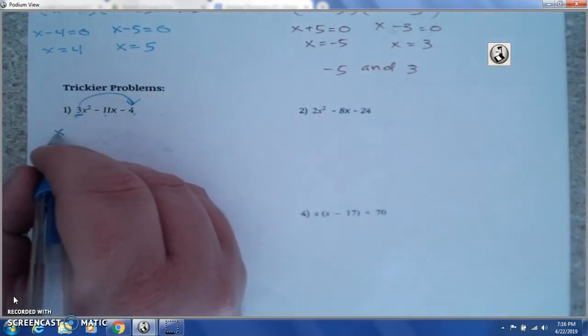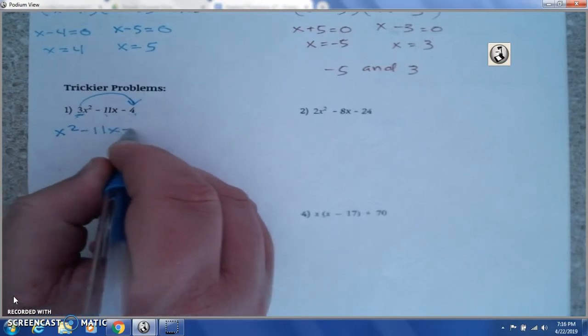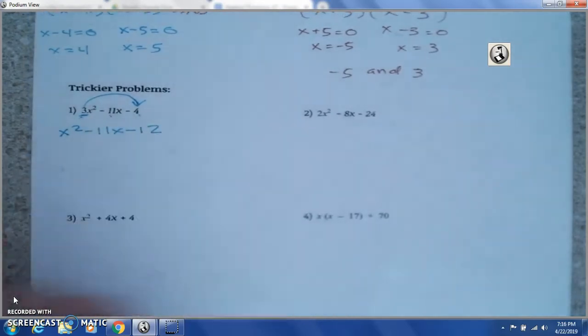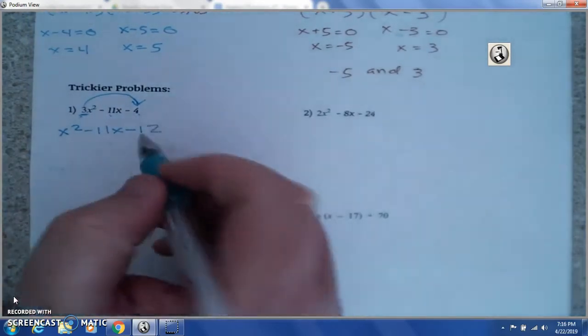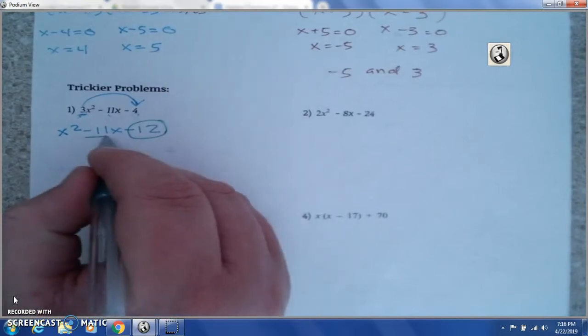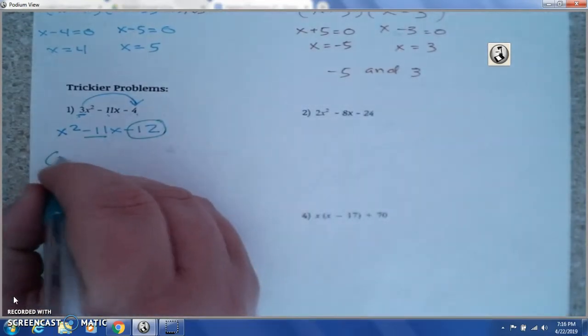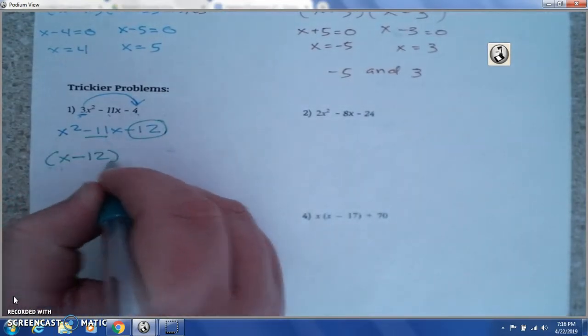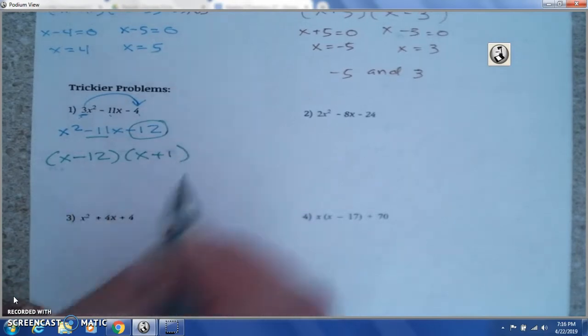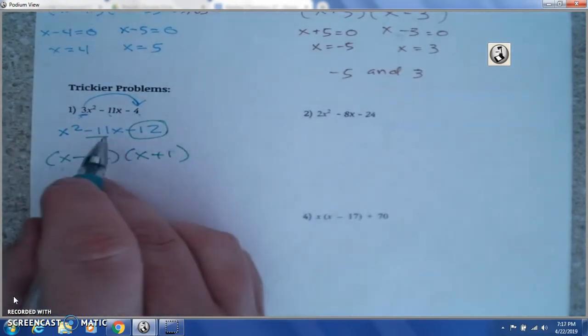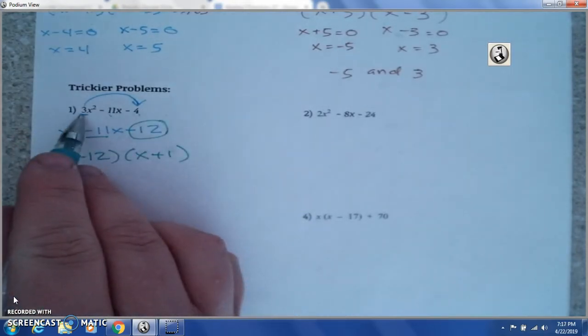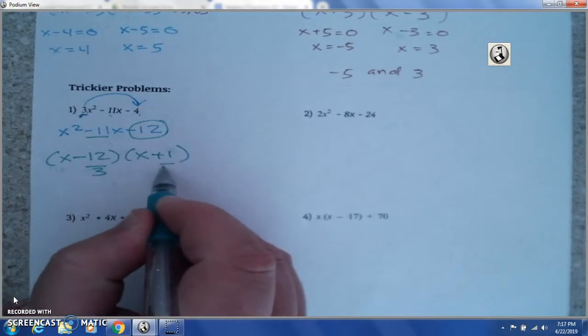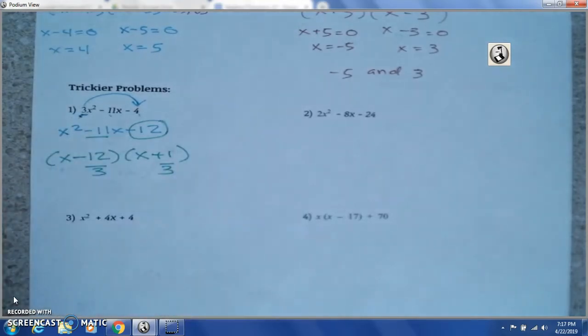So I get x squared minus 11x minus 12. Now, factor that out. What multiplies to negative 12 but adds to negative 11? X minus 12 times x plus 1. But I also have to divide that by 3, because that's the slip and slide trick.